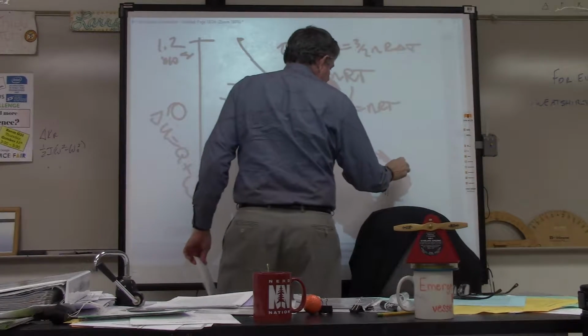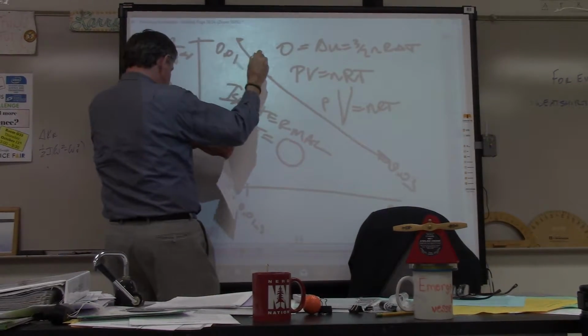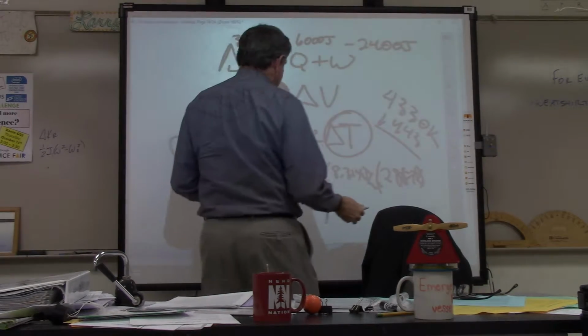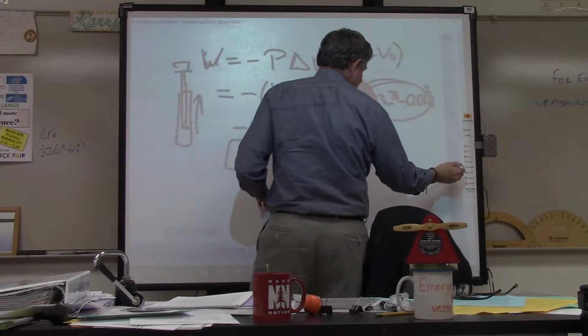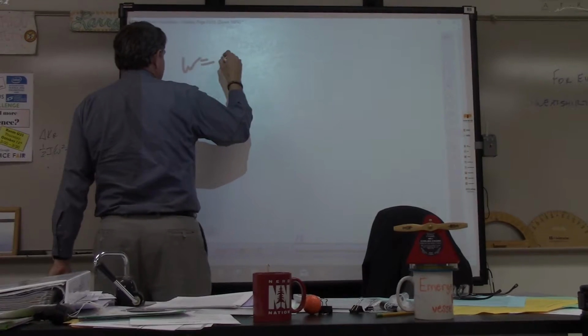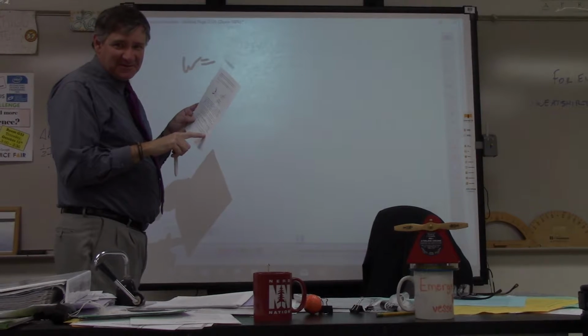So this is 0.03, and this is 0.01, right? So here's what we're going to do. We're actually going to go through and calculate this. So we got work equals. Notice we got some natural log going on here.